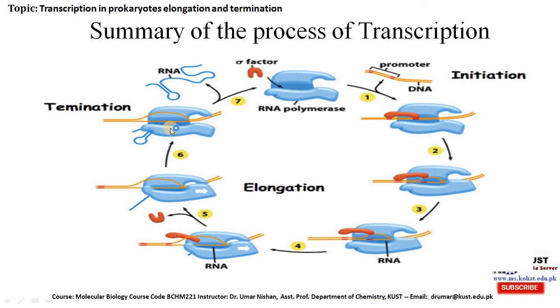Of course, after termination process, the RNA polymerase is also released, and we get finally the RNA. So this slide gives us an overall idea of how this process of transcription takes place.